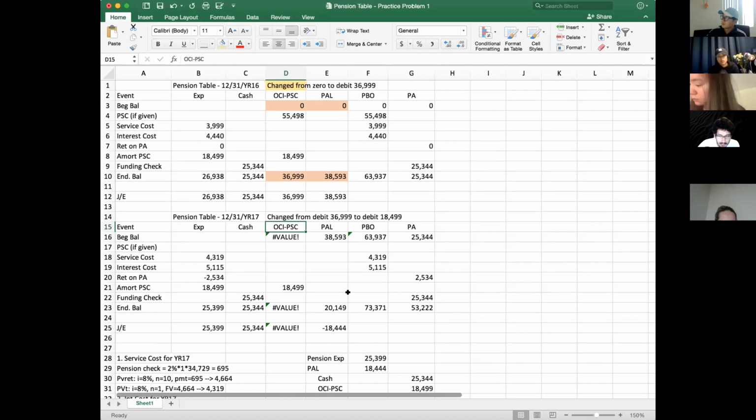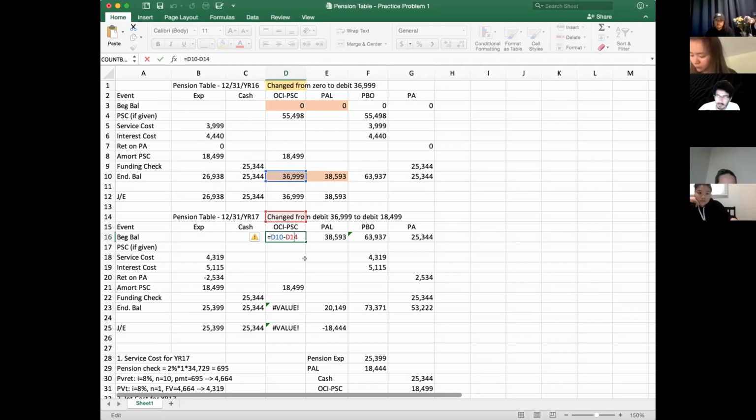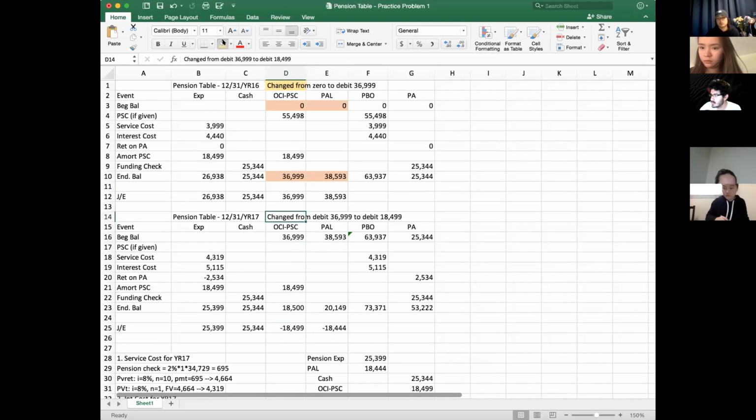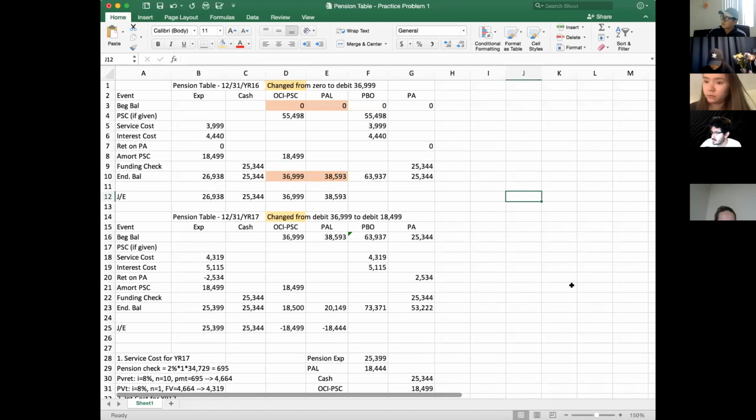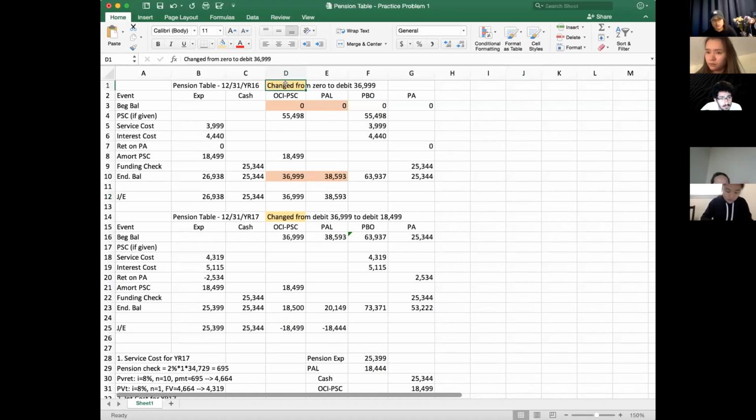Do you see that in year 16, from the zero balance to a debit, we had to debit to carry that OCI in the first place.